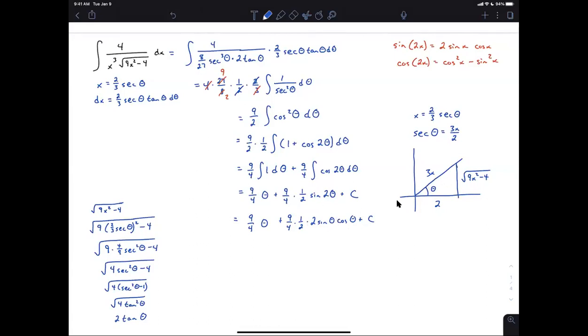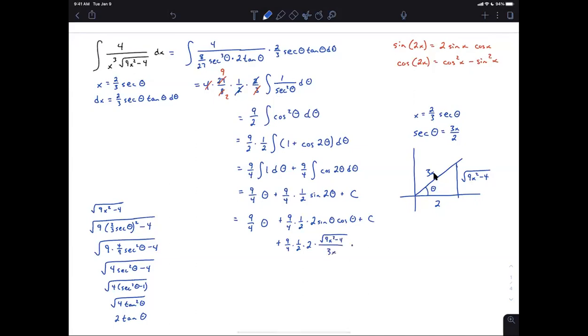And so now for the second part, and I'm going to leave the fractions just for now in case we're looking at it later. Sine theta, we look at the diagram and it's y over r, or opposite over hypotenuse. And so sine theta is the square root of 9x squared minus 4 over 3x.